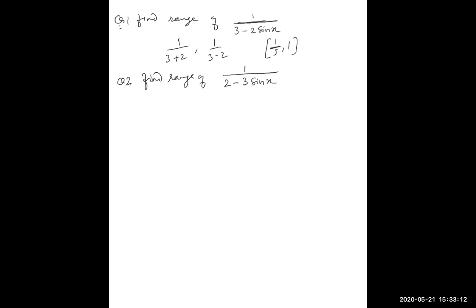I know you will give this type of answers. One very simple question I am asking. You are saying -1 to 1/5. I think most of the answers are this, because when this is -1, it is 1 upon 5. When this is 1, it is -1. This is what you are saying?